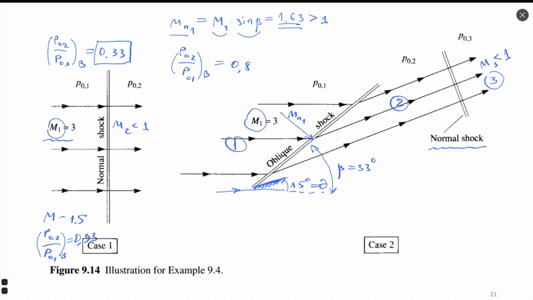To calculate how the flow passes through the second shock wave, we need to calculate Mach number 2, here, M2. For this, we need to calculate the normal component, this small vector here, which is Mn2. I hope it's still visible on your screen.